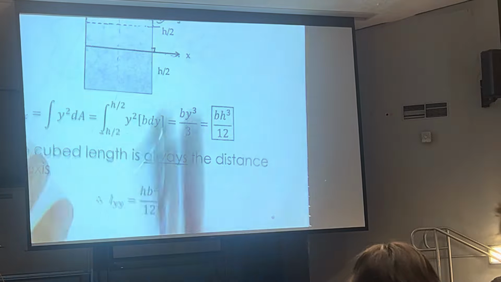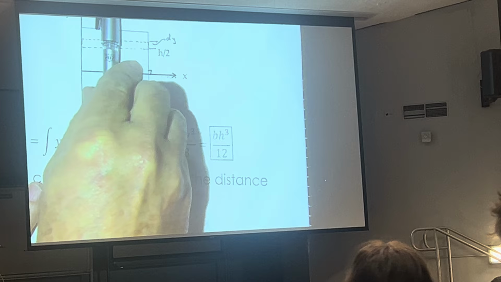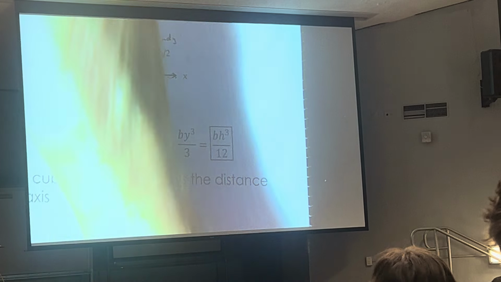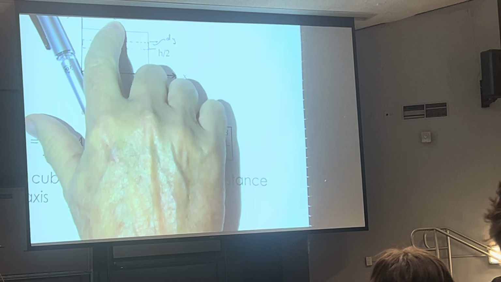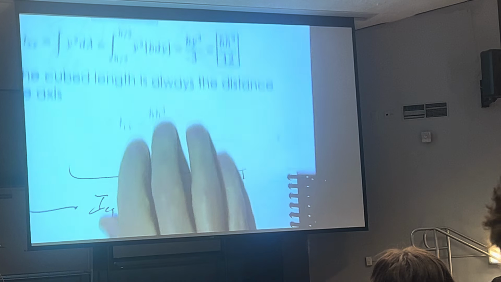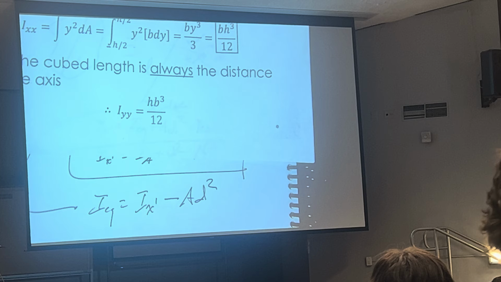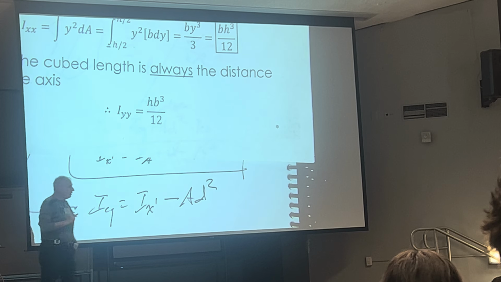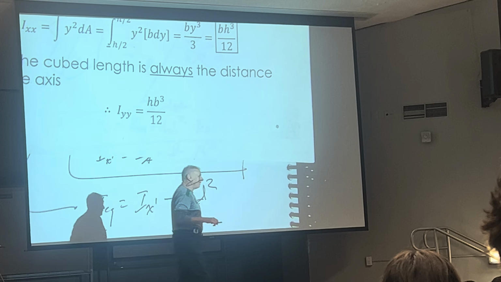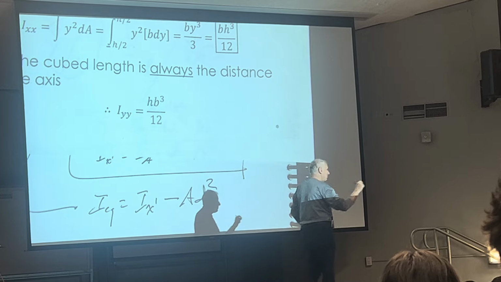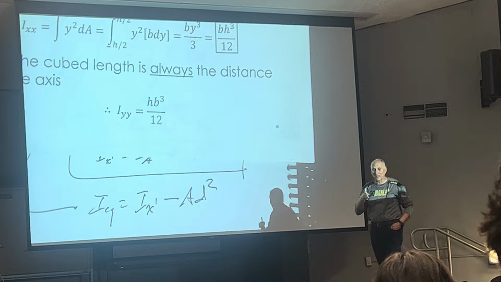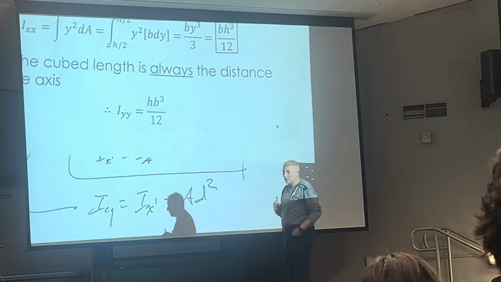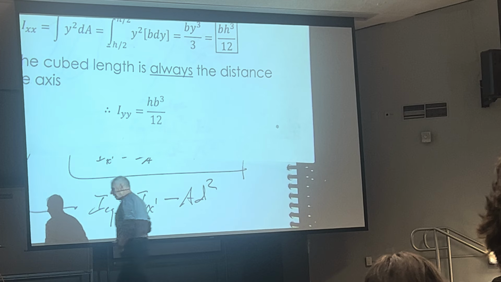If I were to do Iyy, what's perpendicular? b. So Iyy would be hb cubed over 12. The quantity being cubed is the distance that is perpendicular to the axis in question. Okay?